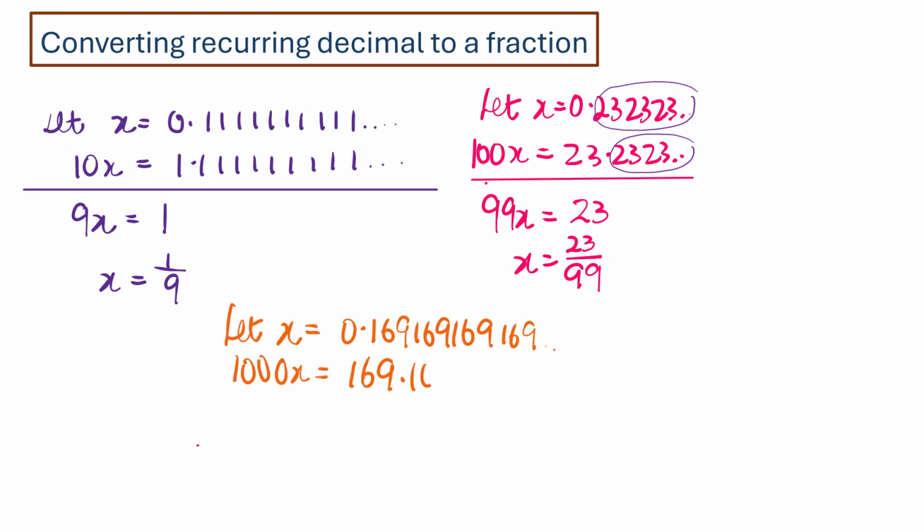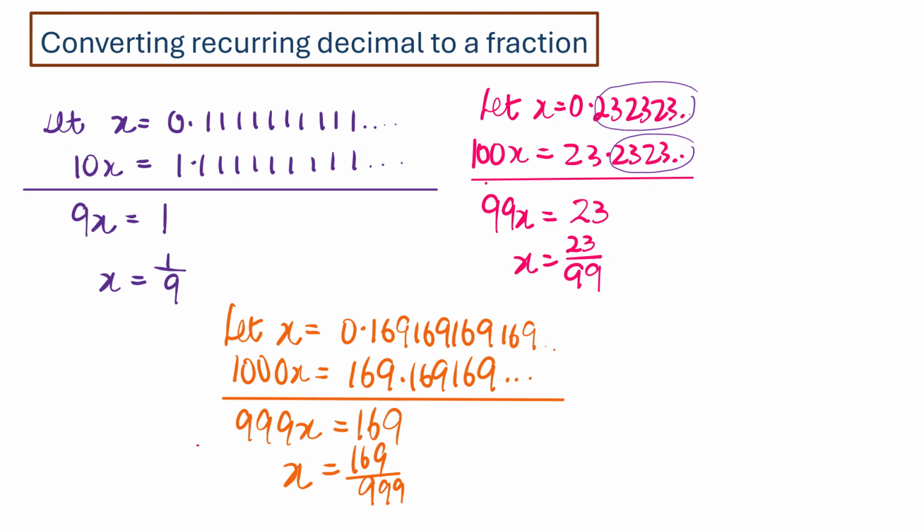What happens if you have 0.169169? Then you will have to multiply it by 1000. Okay. So the pattern is such that if the number just repeats itself like 0.111, you just multiply by 10.